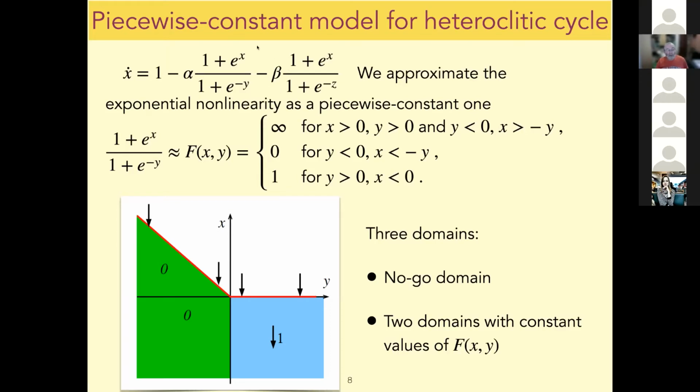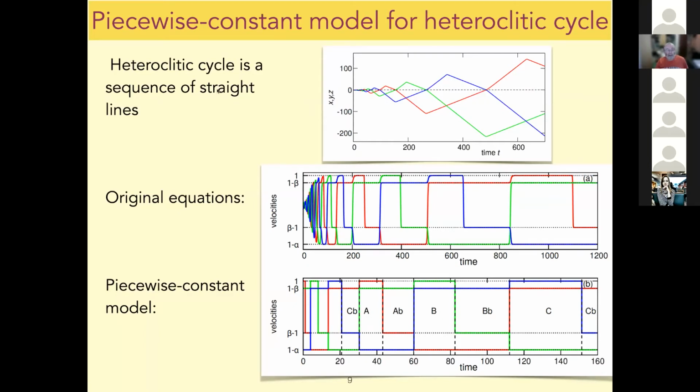You do this for all variables, and you get a piecewise constant model where your right-hand sides are just constants in different domains, and you just have to match the trajectories in these domains. This is how it works for a simple heteroclinic cycle, which is just a sequence of straight lines.